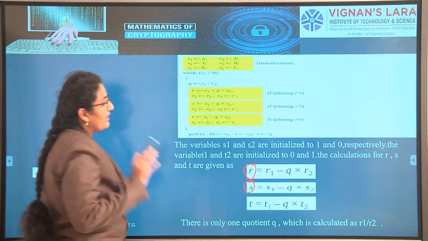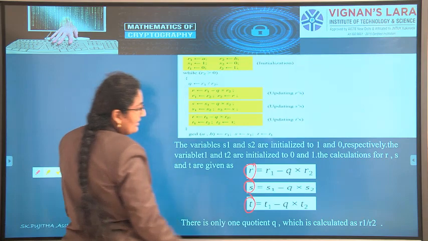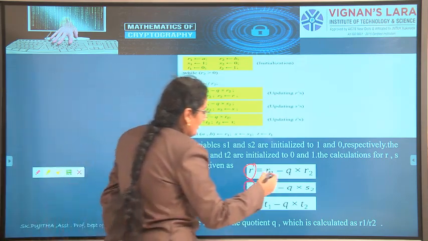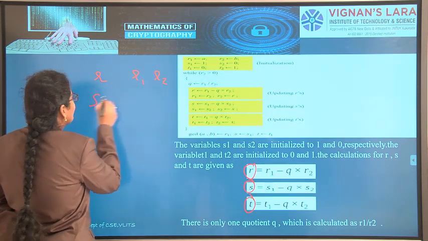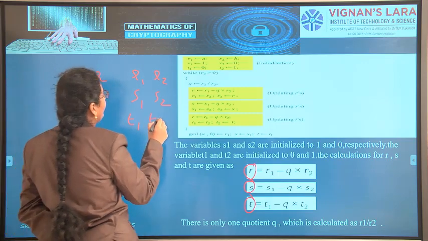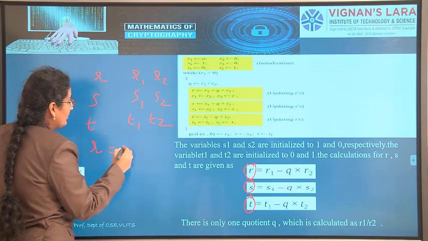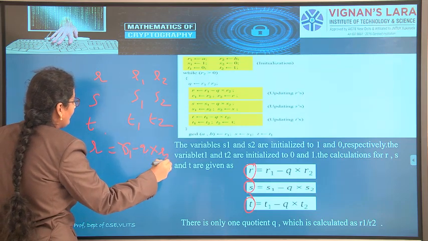S is S1 minus Q into S2. T is T1 minus Q into T2. Very easy to remember. In R we have R1, R2. In S we have S1, S2. In T we have T1, T2. So what are the formulas? R equal to R1 minus Q into R2.